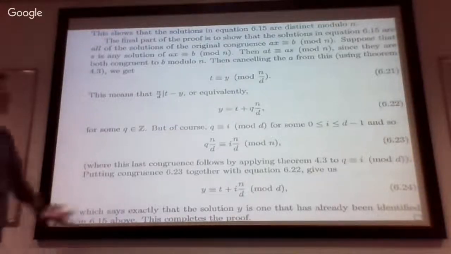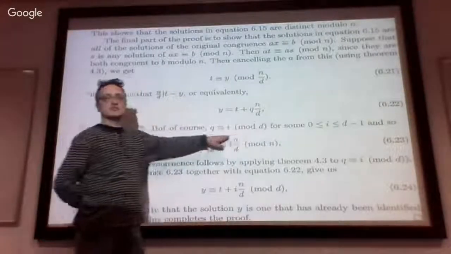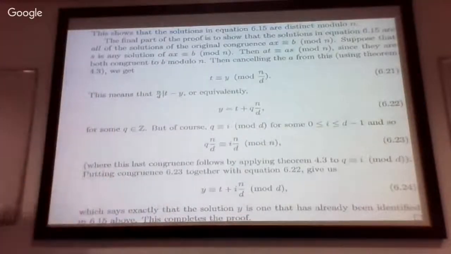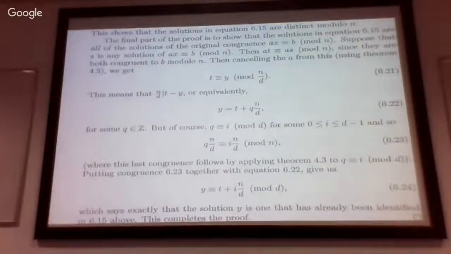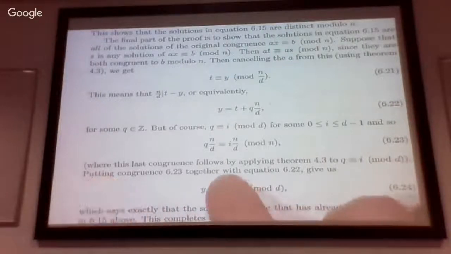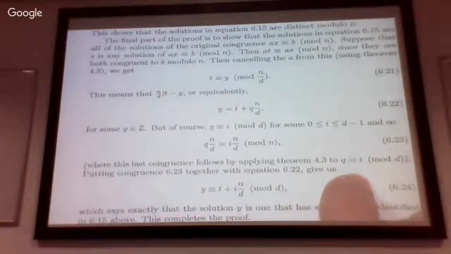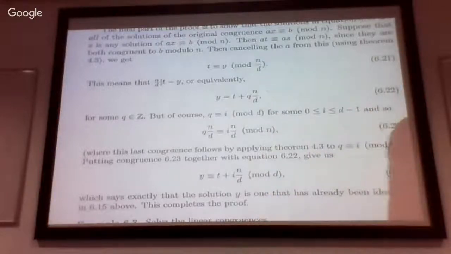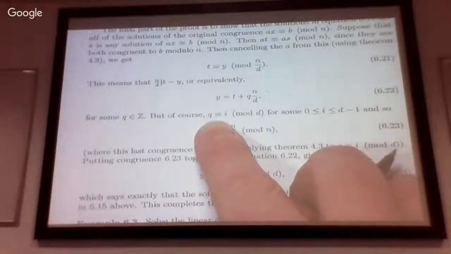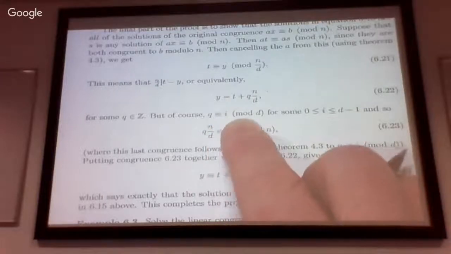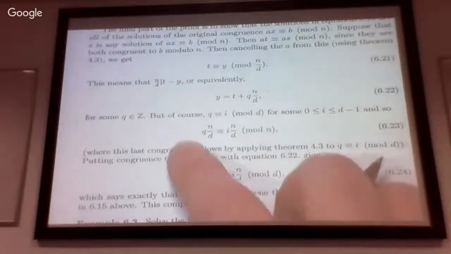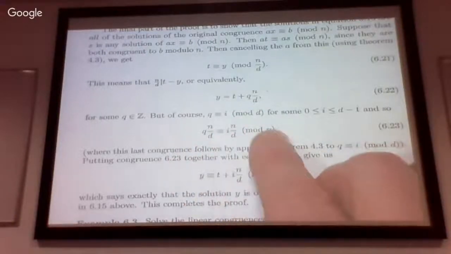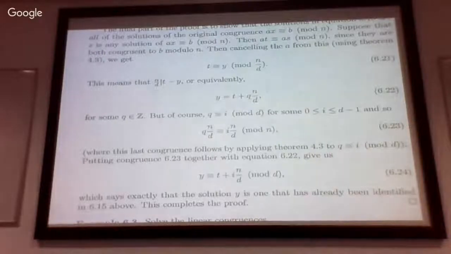We get that simply by multiplying all parts of the congruence through by N over D. So knowing that Q is congruent to I modulo D, we multiply through by the quantity N over D, all three parts of the congruence, and we get Q times N over D congruent to I N over D modulo N. And then you can reintroduce the T if you want.